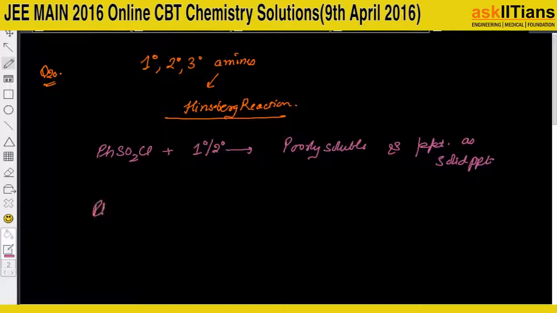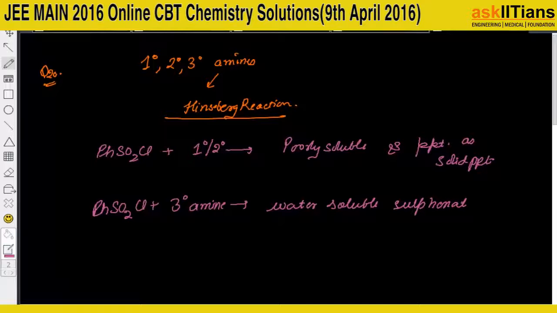However, if the same compound PhSO2Cl is treated with a tertiary amine, then there will be the formation of a water soluble sulfonate salt, and hence this can be used for the distinction between primary, secondary and tertiary amines.